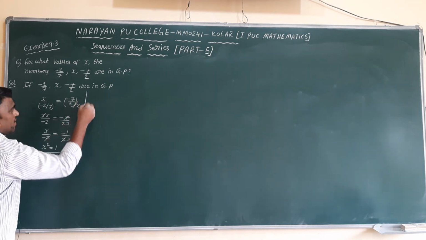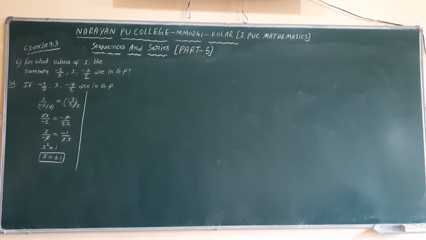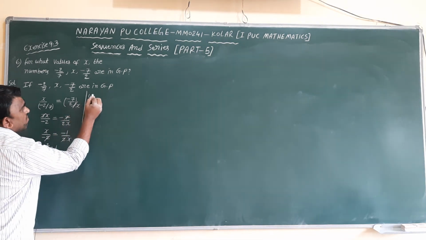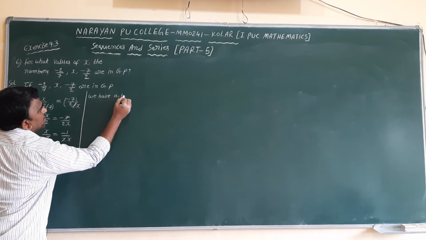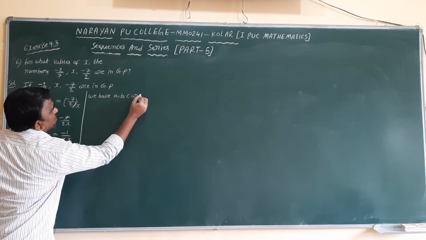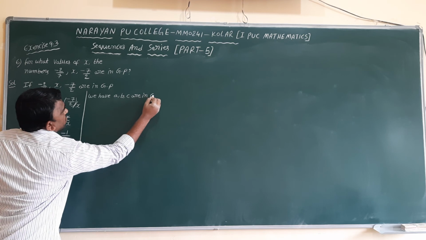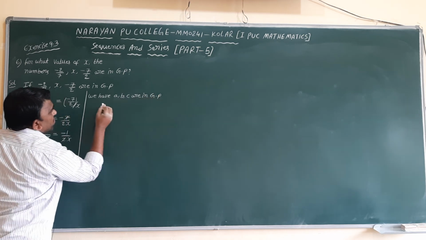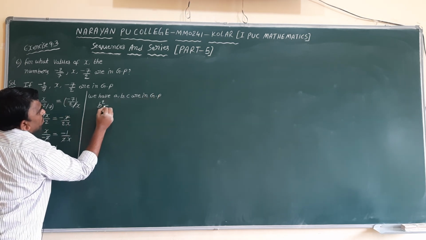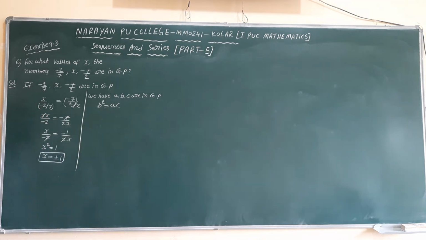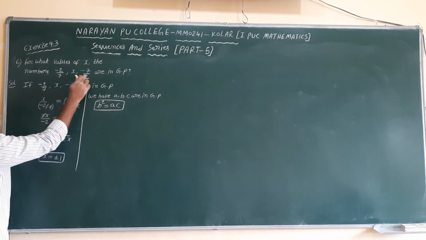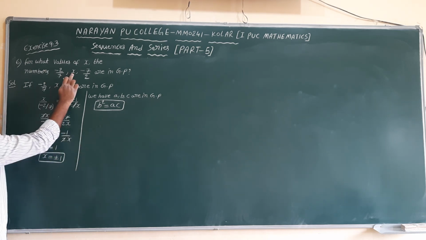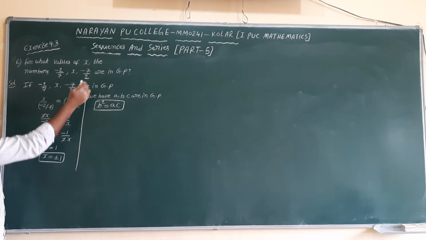In another method, if A, B, C are in GP, the formula is B square equal to AC. This formula we have. So same thing: A, B, C in GP, middle term square equals the product of the other two.